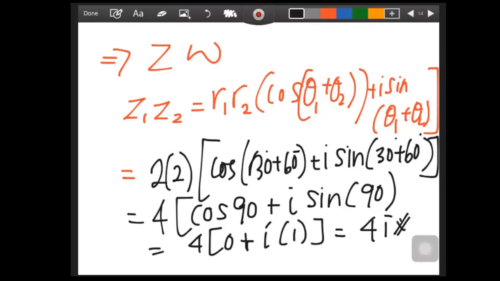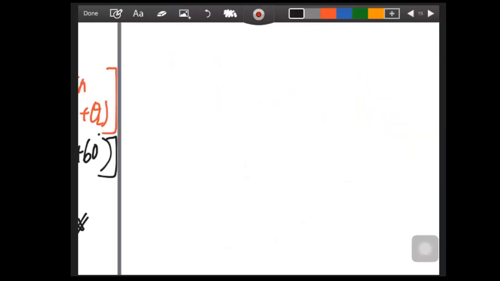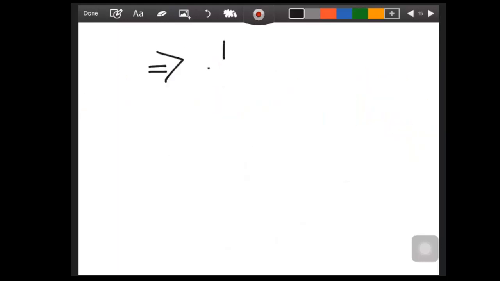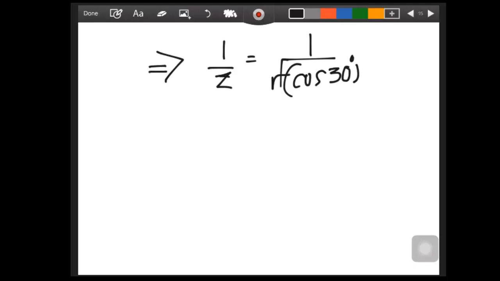Okay, and then last one dia tanya apakah 1 over Z. Okay, so 1 over Z adalah 1 over R cos 30 plus i sin 30. So kita akan sini dapat 1 over 2 ni.